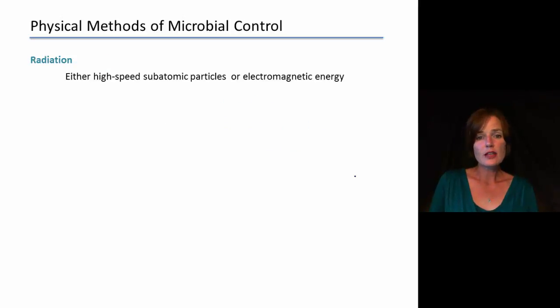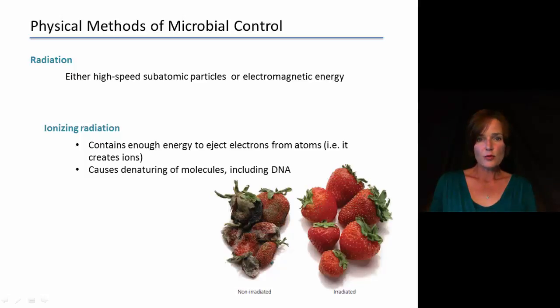Radiation is another way that we can control some growth. There are different types of radiation, but this can be either high-speed subatomic particles or electromagnetic energy. When these types of energy strike bacterial cells and the molecules within them, they can result in a lot of damage. Ionizing radiation contains enough energy to eject electrons from atoms.